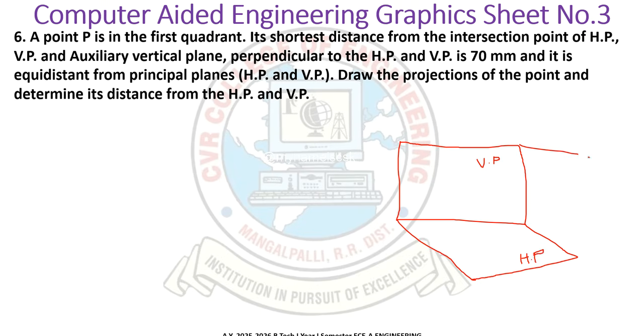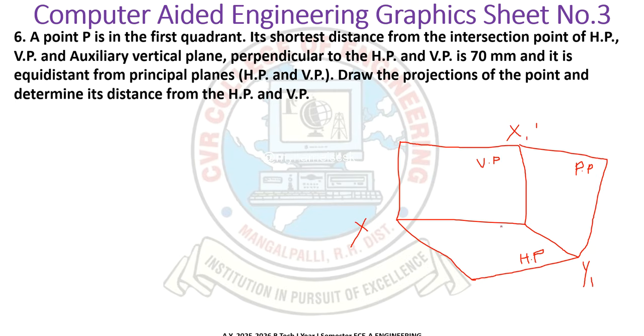Here we have one more plane called the profile plane. This distance is x and this distance is y. XY is the horizontal distance, and this will be X1 and Y1.